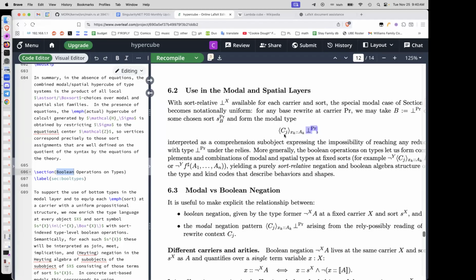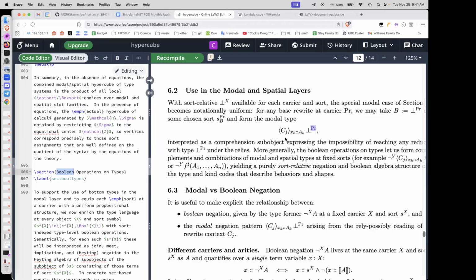So what you'll get is, if there are any terms that cause a reduction, this is necessarily empty. But if there aren't any terms that cause a reduction, then it's all processes. So this is an inhabitation negation.